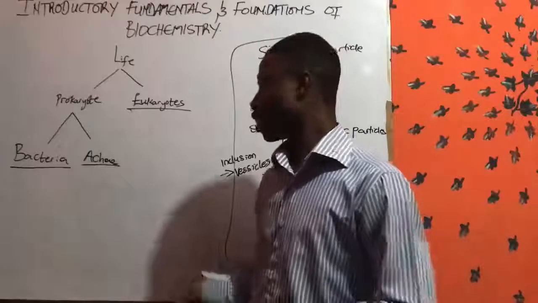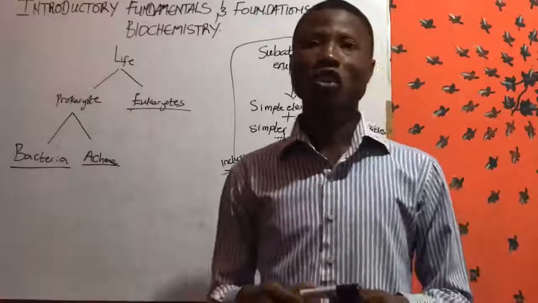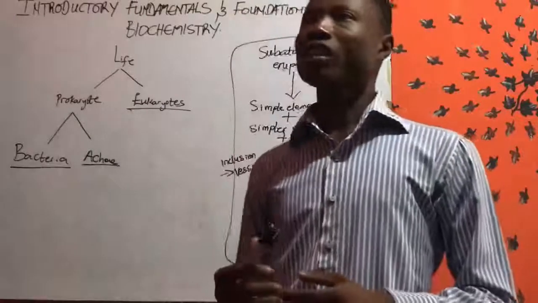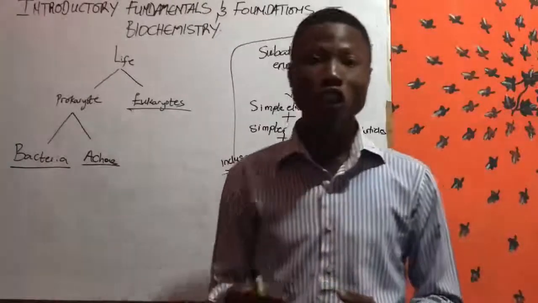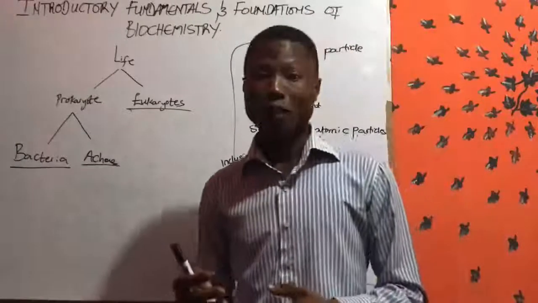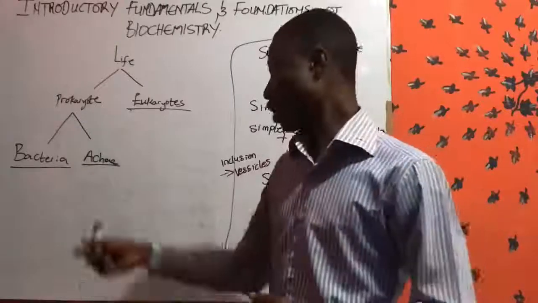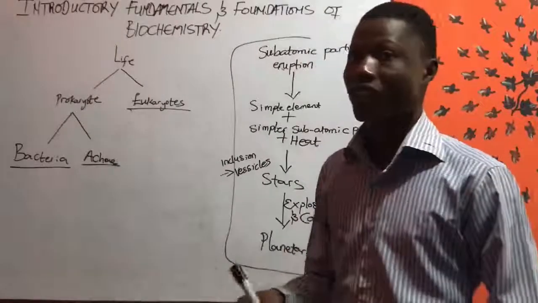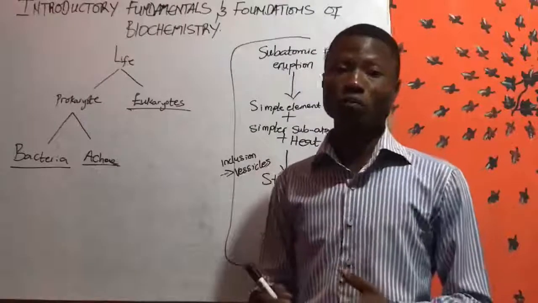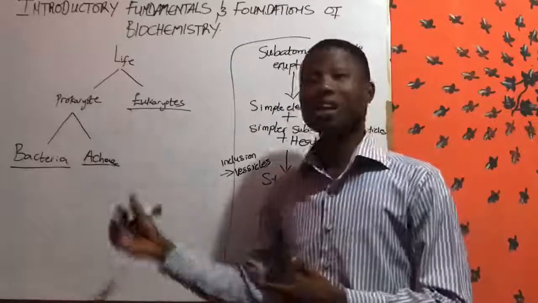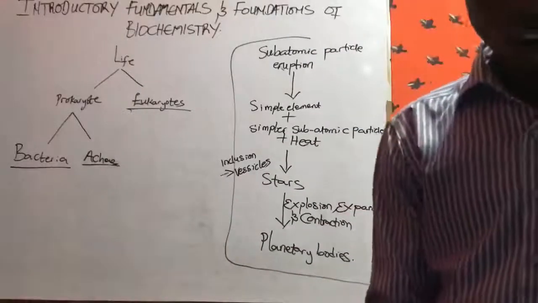But the thing is that these archaea live in extreme conditions. You see them in bogs, living under glaciers, extreme conditions that other organisms can hardly adapt to. Now, eukaryotes are organisms with a defined nucleus. That's just what characterizes eukaryotes. For instance, you and I are eukaryotes.